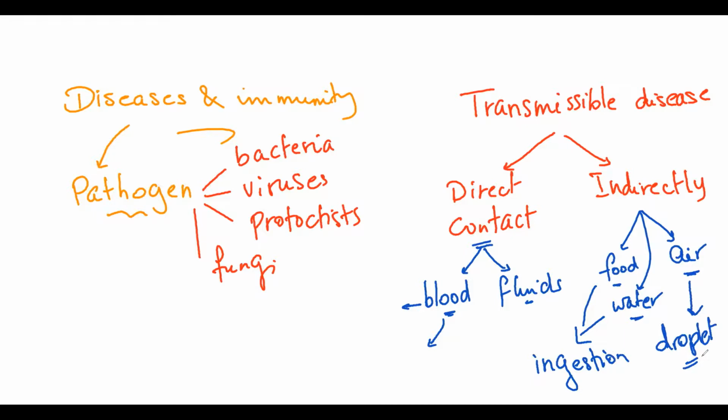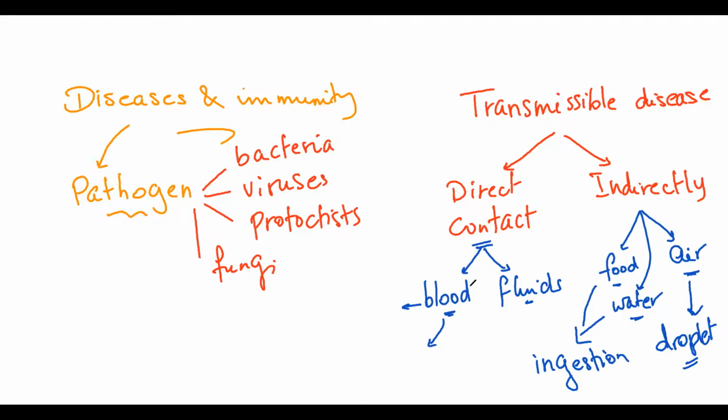If somebody is having, for example, flu, influenza, and they started coughing, with coughing, droplets of saliva come out of the mouth together with the bacteria. So if somebody's standing here, they might inhale these bacteria from the droplets. This is an indirect way in which the air is carrying the pathogen from a patient to a healthy person. That's the difference between the direct contact and the indirect transmission.